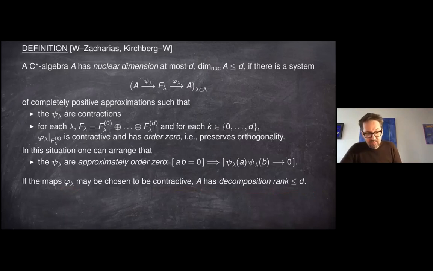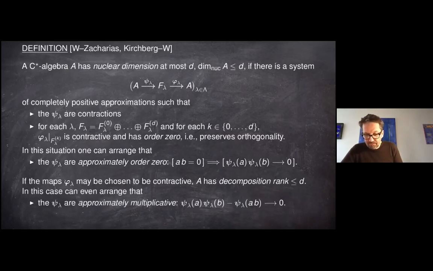Note that the phi lambda here are the sum of d plus 1 contractions, and therefore always have norm at most d plus 1. But if we can choose them to be contractive, then that's a stronger property, and then we say A has decomposition rank at most d.